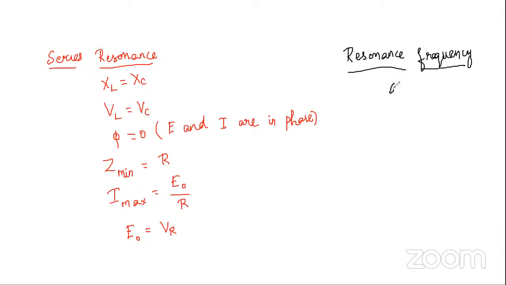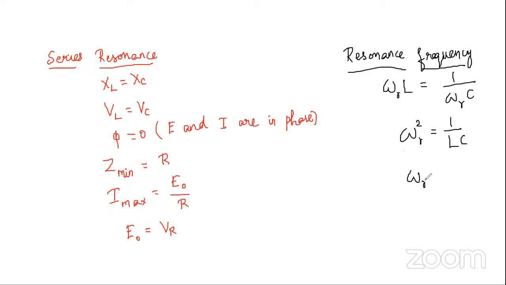So that means omega R L, where this R is in subscript, omega R means resonance, L is equal to 1 by omega R into C. When you cross multiply, you get omega R square is equal to 1 by LC.